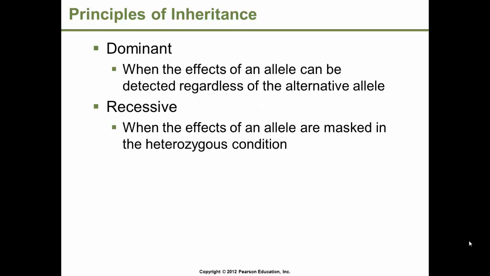Dominant is the term used to describe when the effects of an allele can be detected regardless of the alternative allele, such as in a heterozygote. If you had a heterozygote with two different forms, the dominant would override the recessive. Recessive is the term given when the effects of an allele are masked in the heterozygote condition.